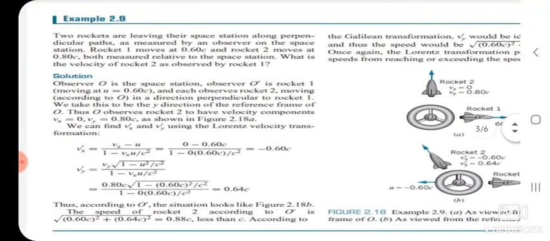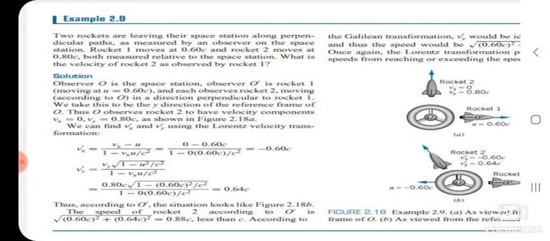In the first numerical problem, they ask, there are two rockets leaving their space station along perpendicular paths. Means both rockets are moving perpendicular to each other.